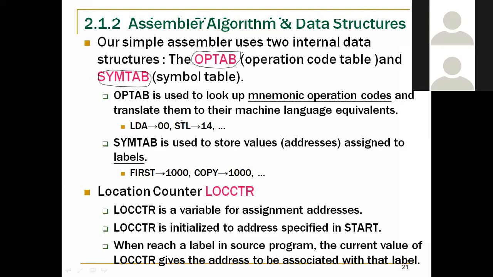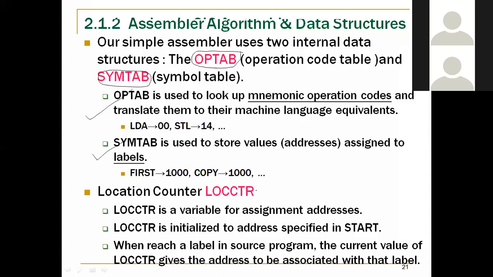These two tables are used to store the operation codes and the labels. The operation table exclusively stores the mnemonic operation codes, which will be used by our assembler to perform the translation into the machine language equivalent. And the symbol table is used to store the values of addresses that are going to be assigned to the labels.